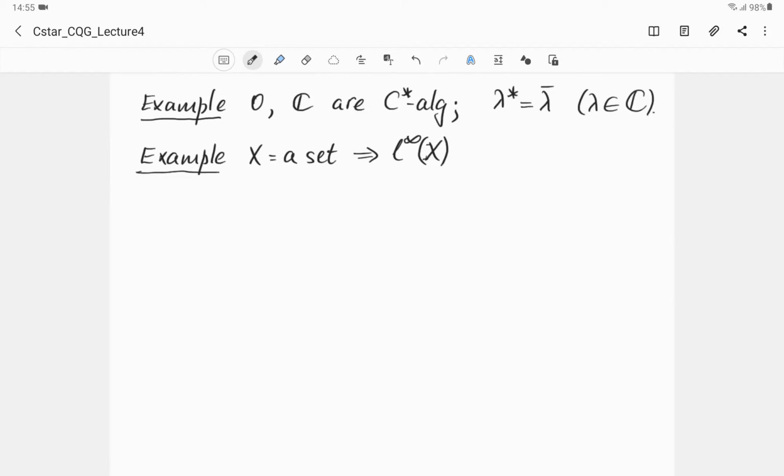But it is obviously a C-star algebra with respect to the following involution. So the involution is just the pointwise complex conjugation. And it's easy to see that all the axioms are satisfied. So it is a C-star algebra.